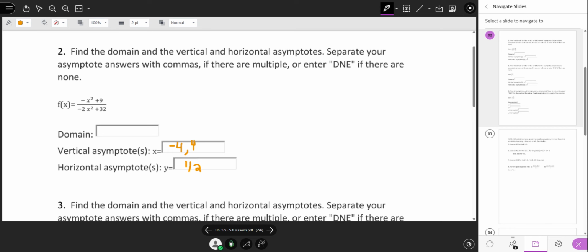Now, the domain we've got to be a little tricky with. -infinity up to -4. And we've got two more pieces. -4 to +4. This one's ugly. And then 4 to infinity.